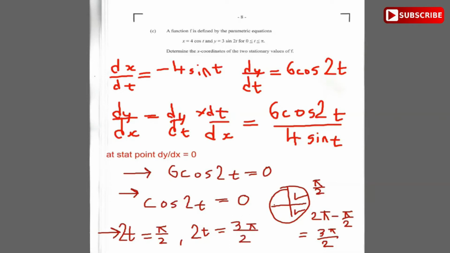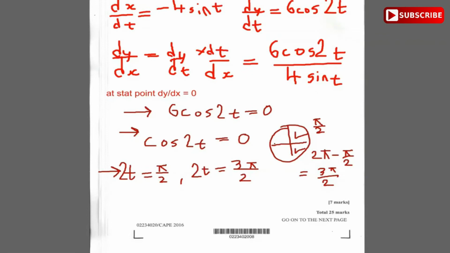When we divide through by 2, we get t is equal to pi by 4. And dividing through by 2 over here, we get that t is equal to 3 pi by 4.